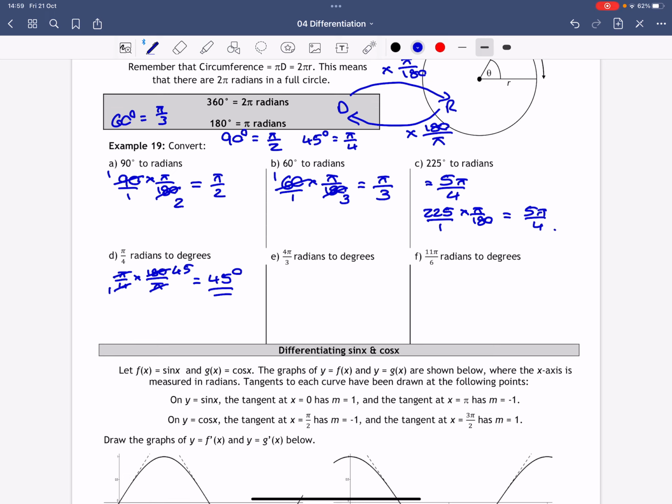4 pi over 3 is another one that we can do. To be honest with you, what I would do here is, if I remember that pi over 3 is just 60, then this is just going to be 60 multiplied by 4. That would give me 240 degrees. But again, you could do the conversion.